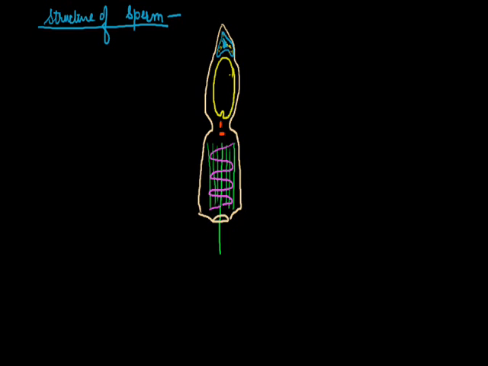This is the structure of a sperm, which is made up of three sections mainly.